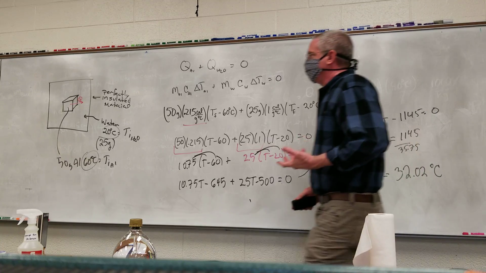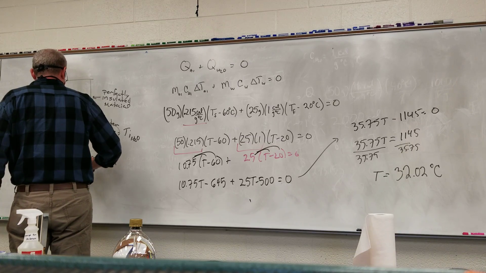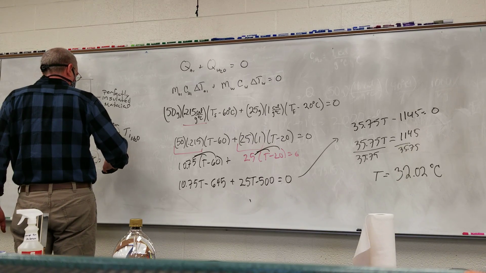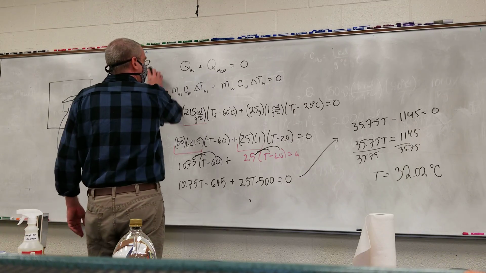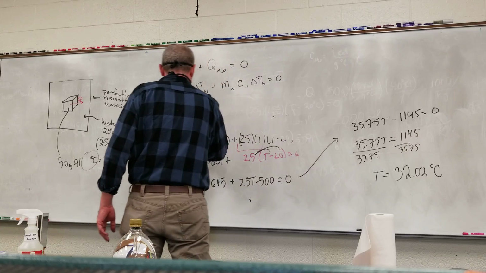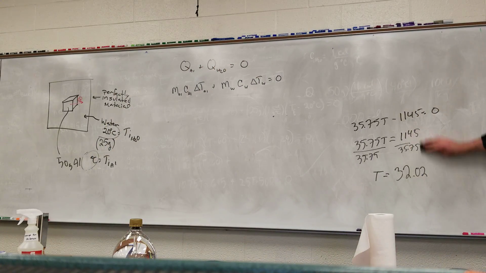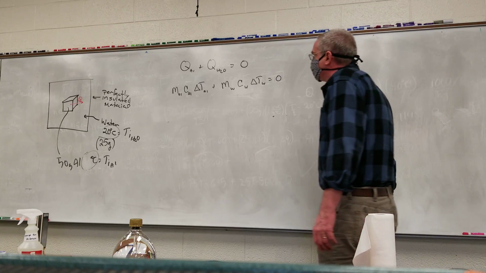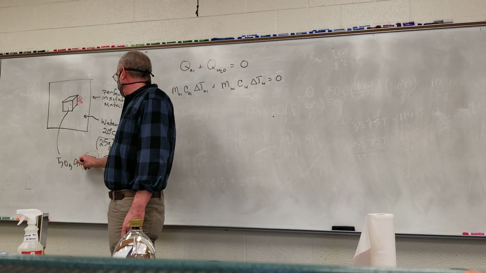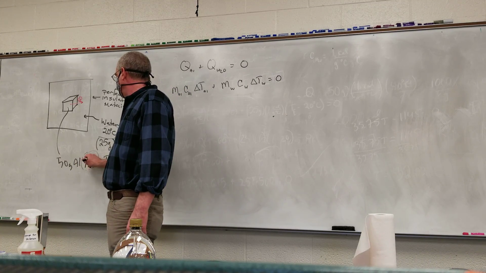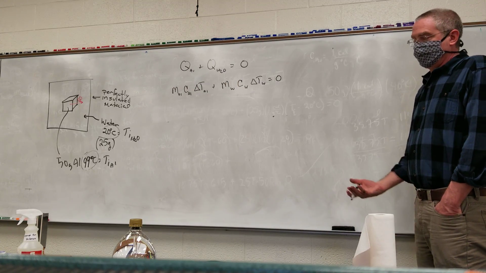All right, so let's actually work through one that is closer to lab-like. We'll keep aluminum. Since this is going to be sitting in boiling water, it'll be close to the boiling point of water.